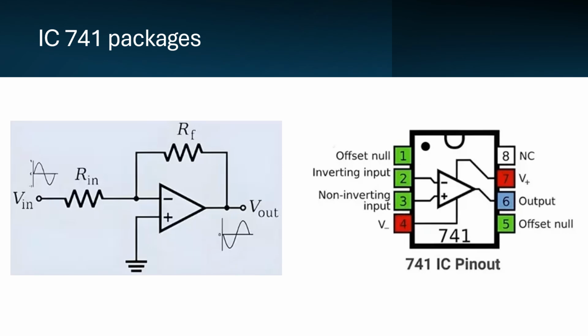Pin number 4 and pin number 7 are used to provide the DC power, that is VCC, plus and minus. Here you can see the input signal we supply through the R in, that is the inverting terminal, and we get the corresponding output signal.